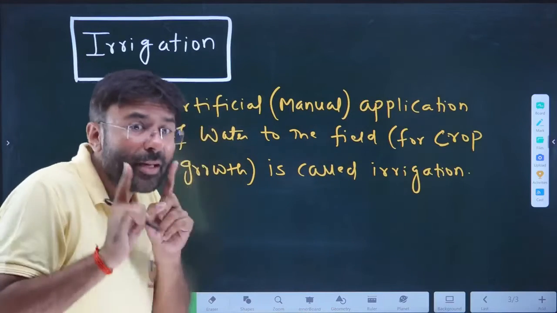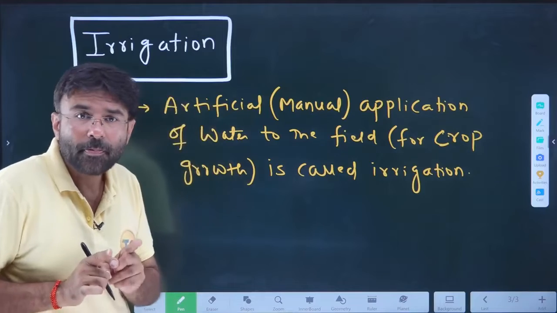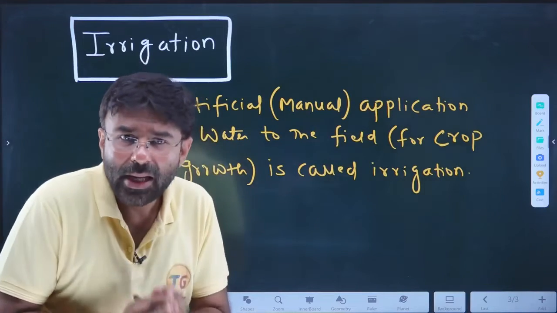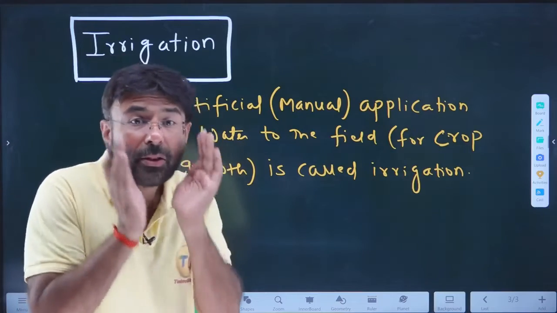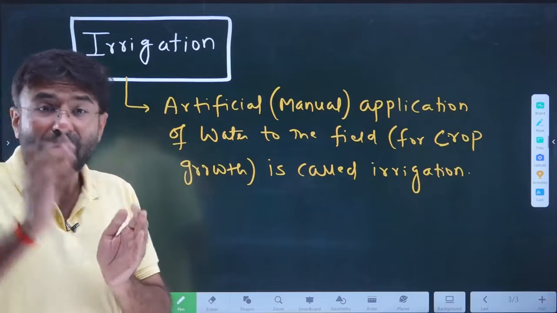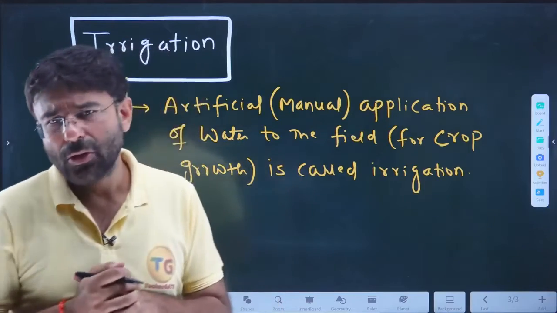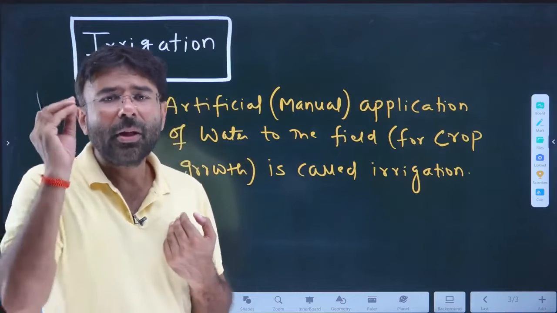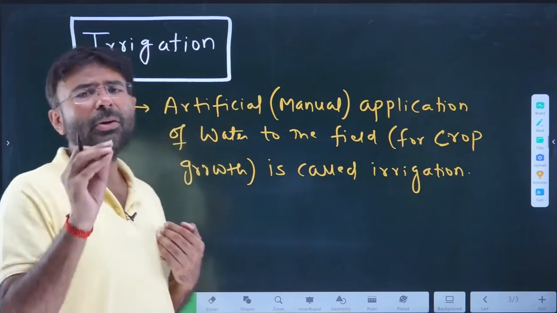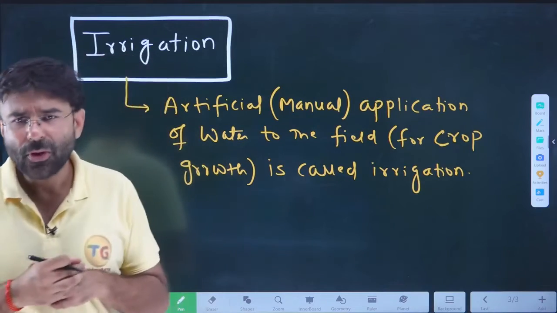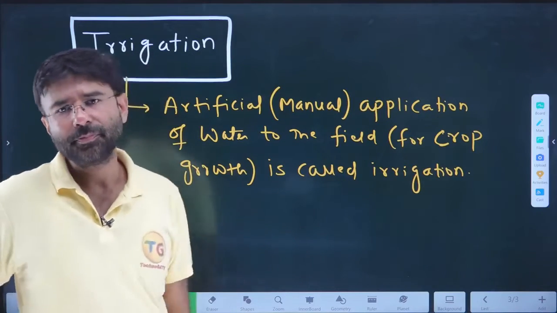Rainfall is never considered part of irrigation, because the rainfall received in a particular area is not sufficient for the crop growth. We need some extra water for the growth of the crops, and that extra water has to be supplied by us. So the manual application of the water to the field is called irrigation.